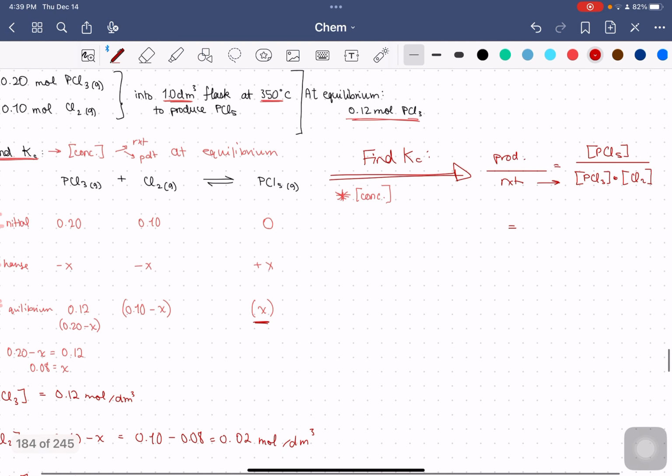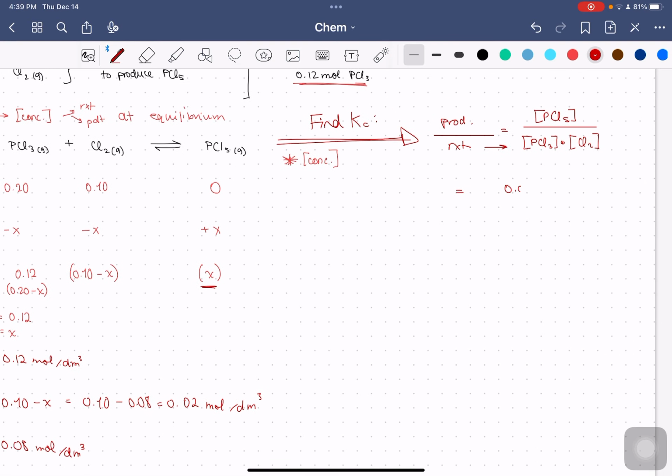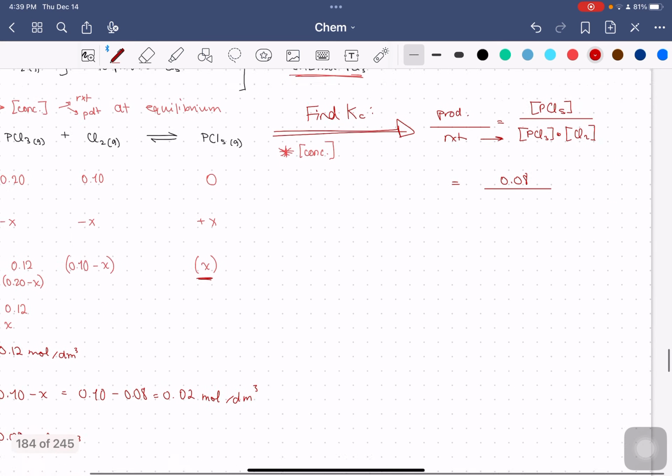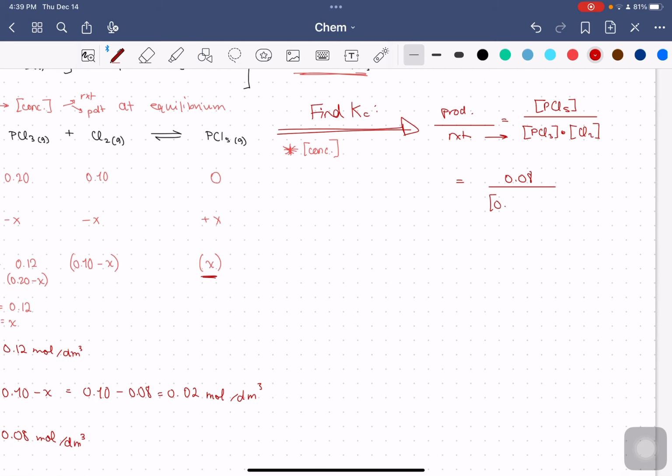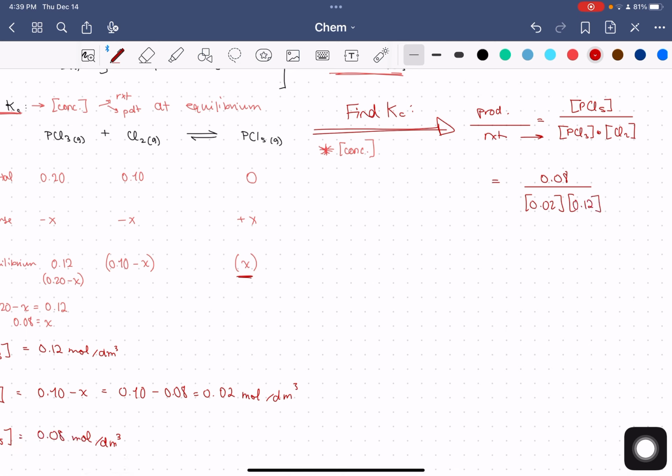Now all we need to do is substitute with the values that we got down here. So our concentration of PCl5 was 0.08, so 0.08 up here over 0.02 times 0.12.